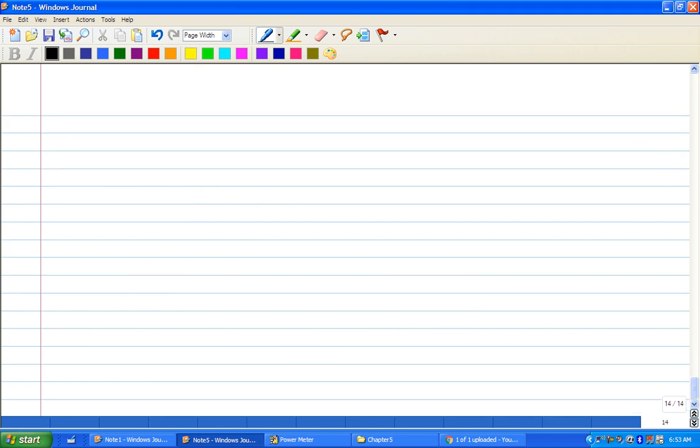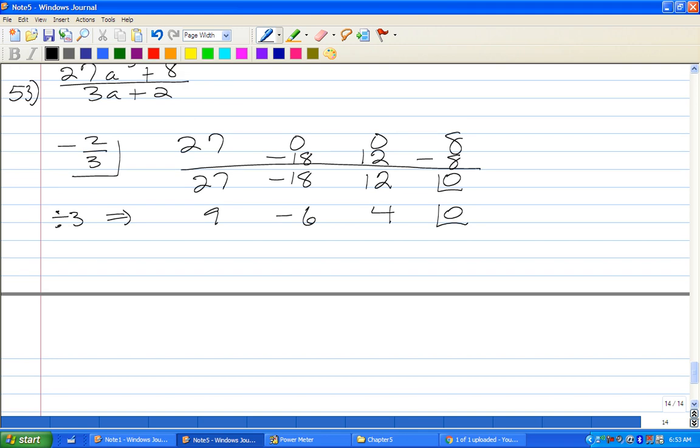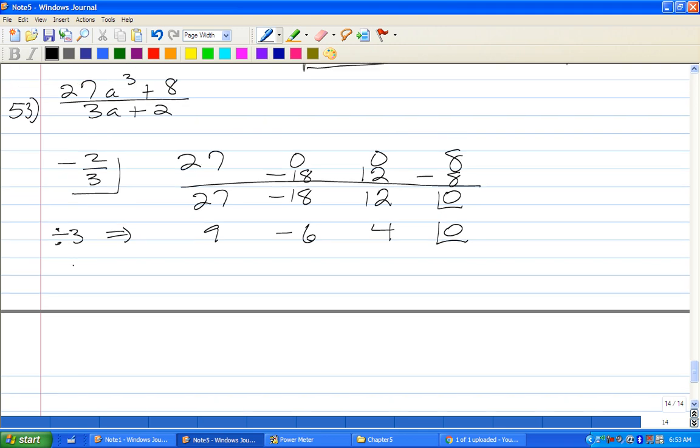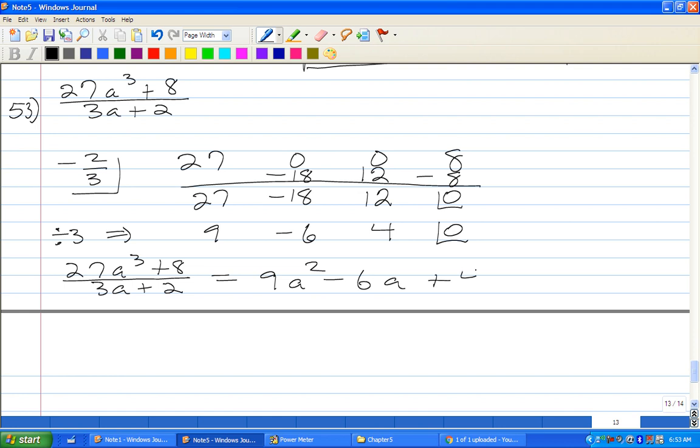And so I get that 27a cubed plus 8 over 3a plus 2 is equal to 9a squared minus 6a plus 4 with no remainder. And that is your answer.